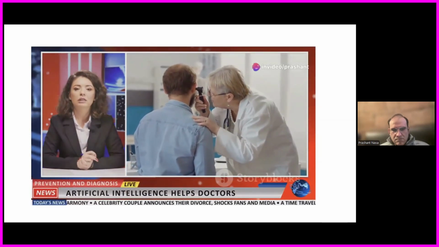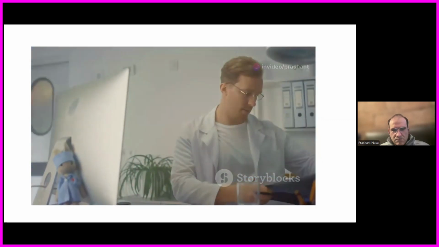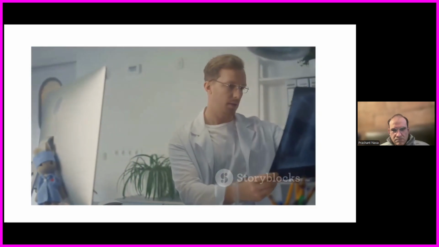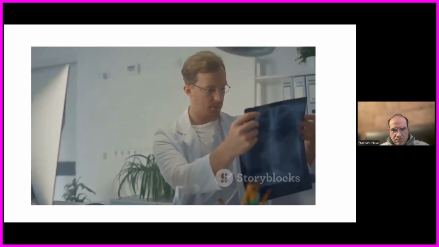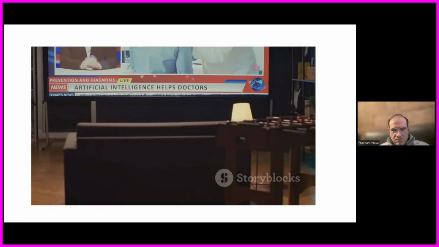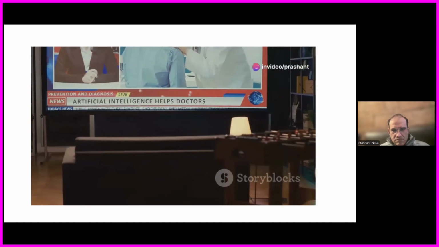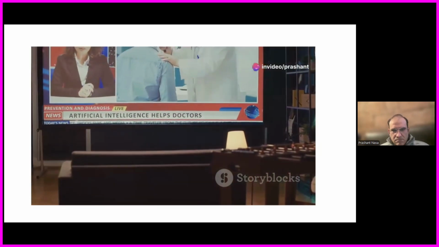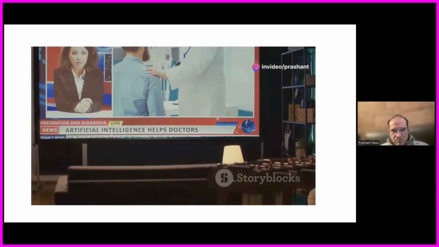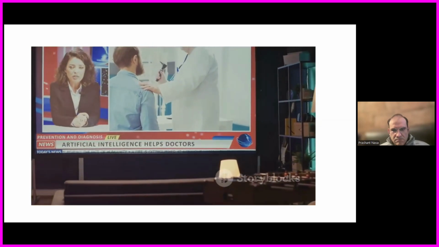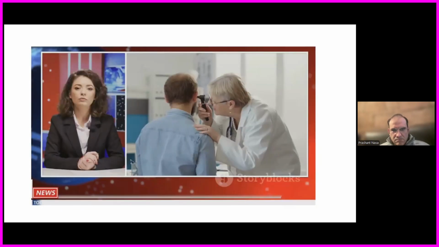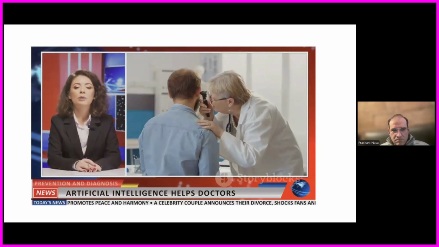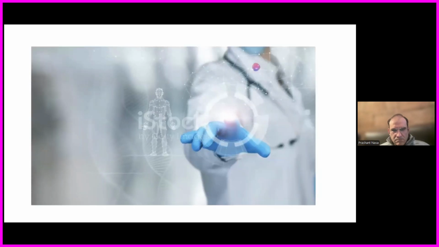Enter AI. Artificial intelligence brings a game-changing level of precision and efficiency. Advanced algorithms can now analyze vast amounts of patient data in real time. Imagine having an AI system that continuously monitors vital signs, lab results, and even patient history, providing you with actionable insights right when you need them.